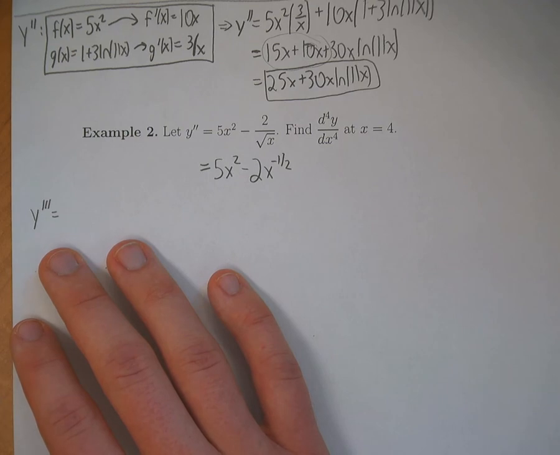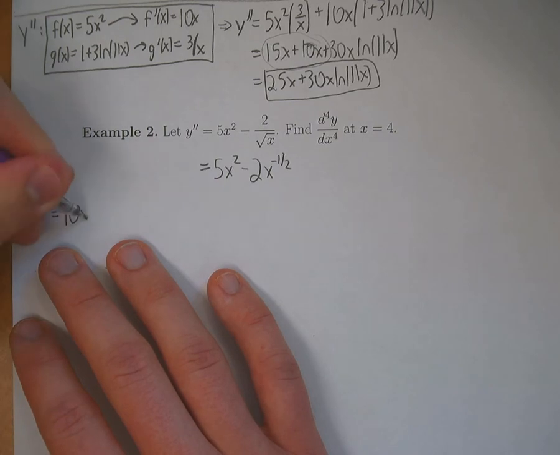So what would our third derivative be? 10x plus x to the negative 3 halves. Okay, x to the negative 3 halves.